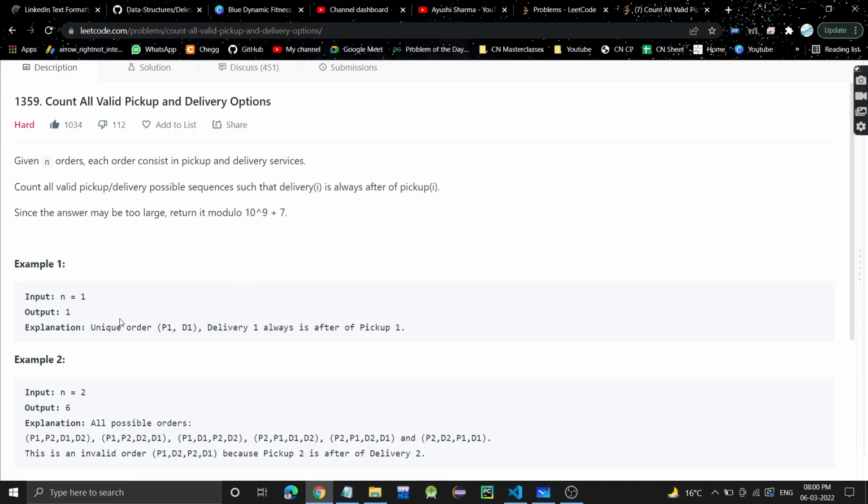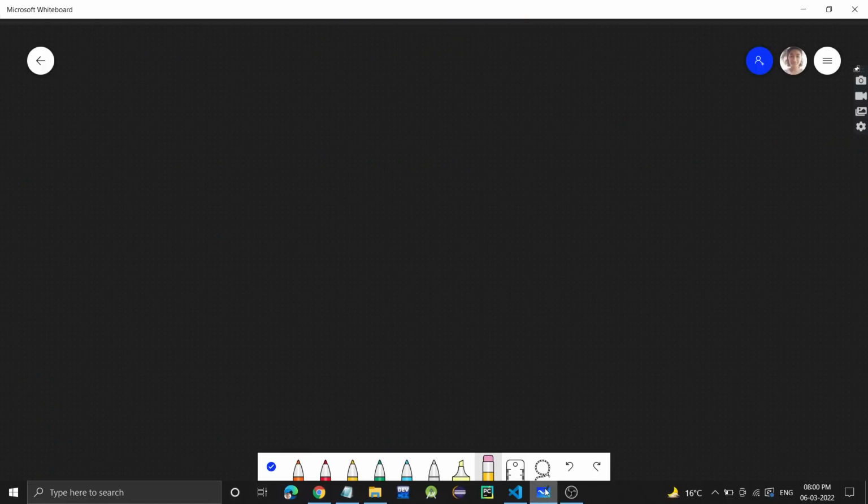Fine. So see, n is equal to 1. In the input we are given n is equal to 1. What does this mean? N is equal to 1 means there will be one item only. So one pickup, one delivery. So one P1 and this is delivery. There could be only this case, because we cannot do it the other way.